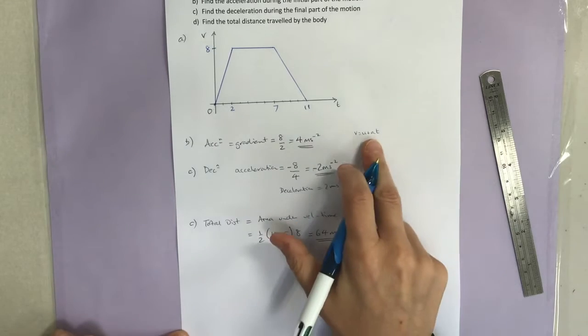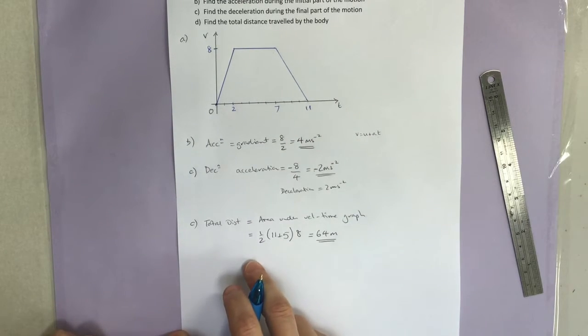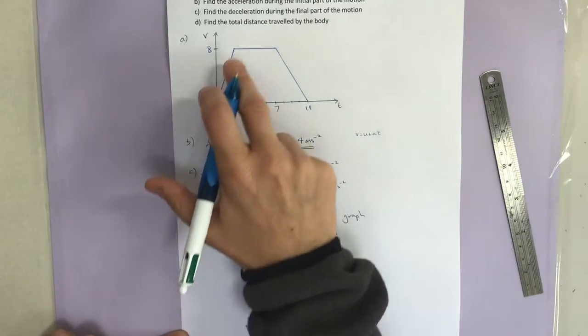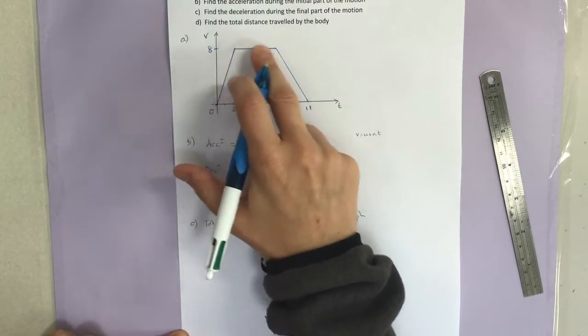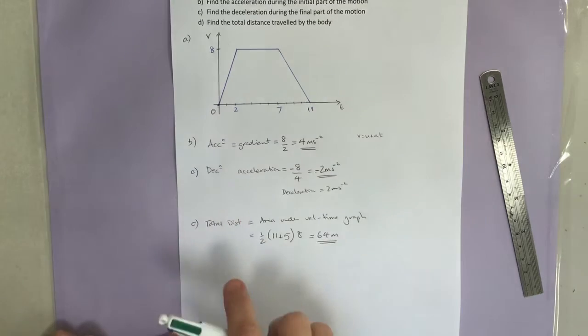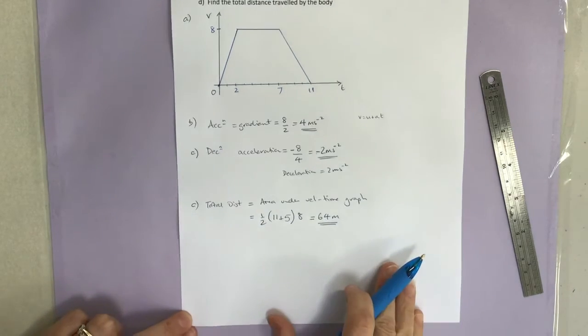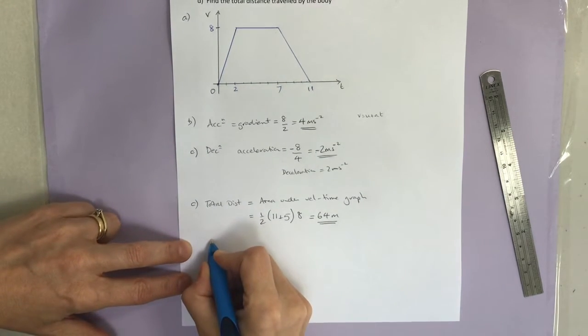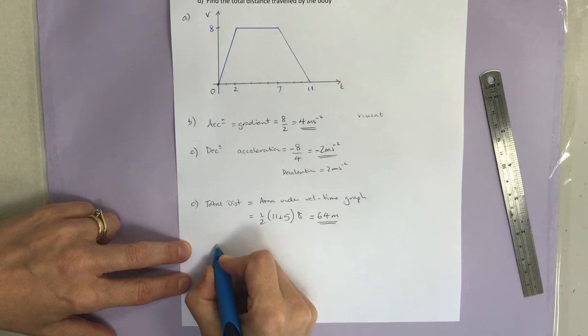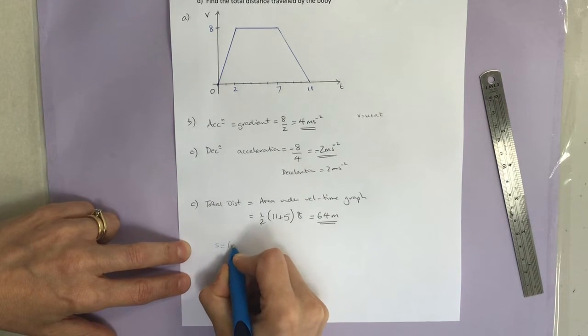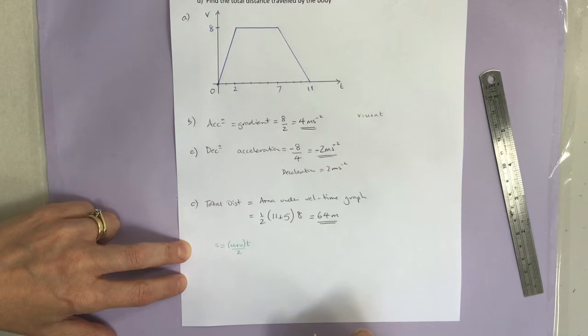And again here, just like here, we could have used SUVAT. But if we're going to use SUVAT, we've got to be really careful. We've got to do 3 separate parts of the motion because the acceleration is different in these 3 parts of the motion. But let me just convince you that that would work. So let's use s equals u plus v over 2, times t.